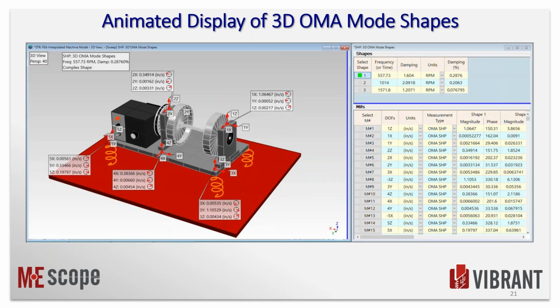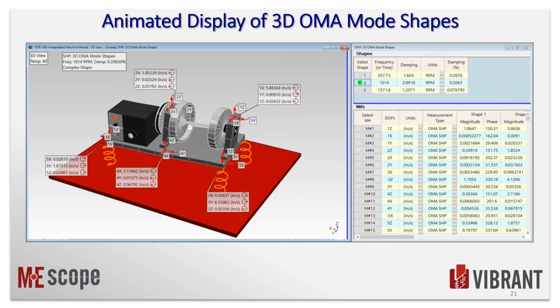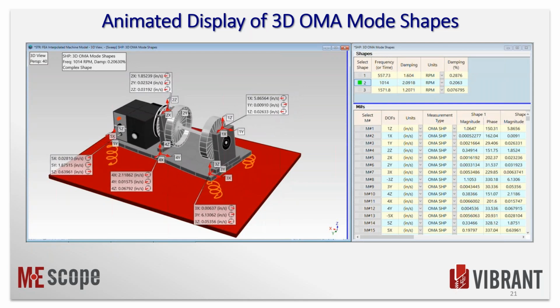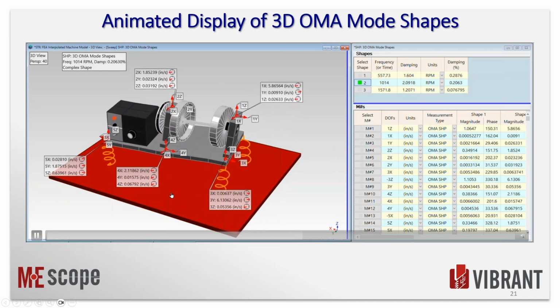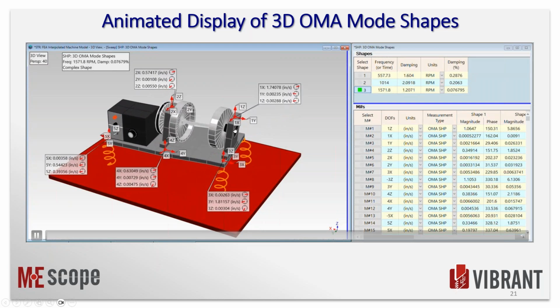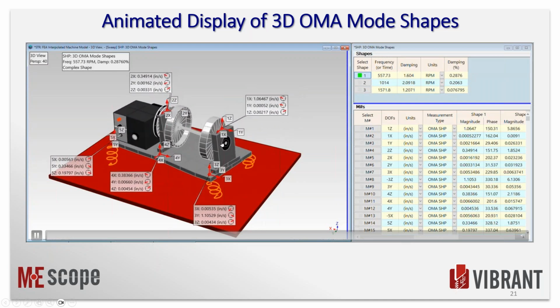But you can see magnitude and phase of the 5 points in each of those mode shapes, and it looks very realistic in the sense that the machine is just rocking back and forth on its rubber mounts due to the unbalance here on this outer rotor. And there's a little bit of flex of the machine also.